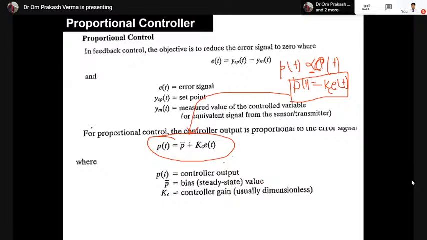The same equation is written, but this is the practical equation, and whatever the general books write is the ideal.